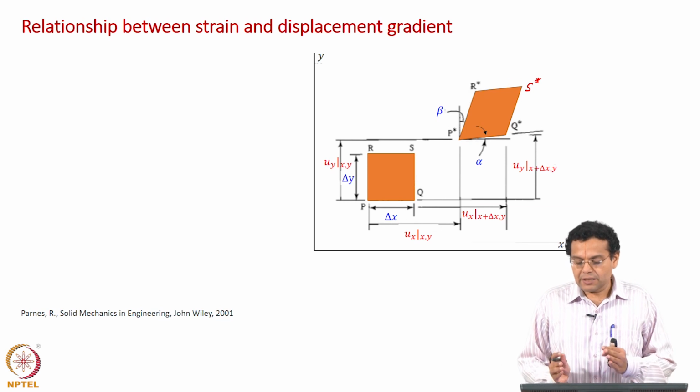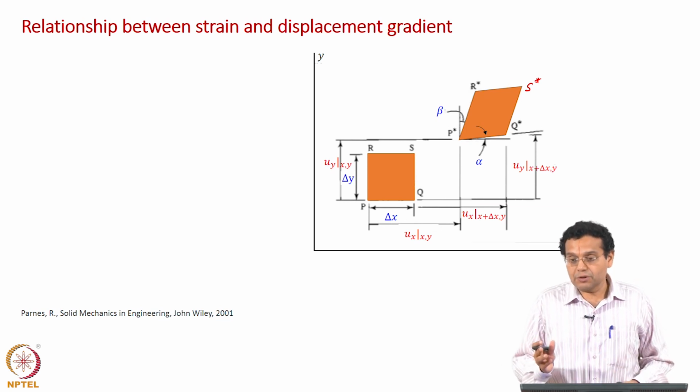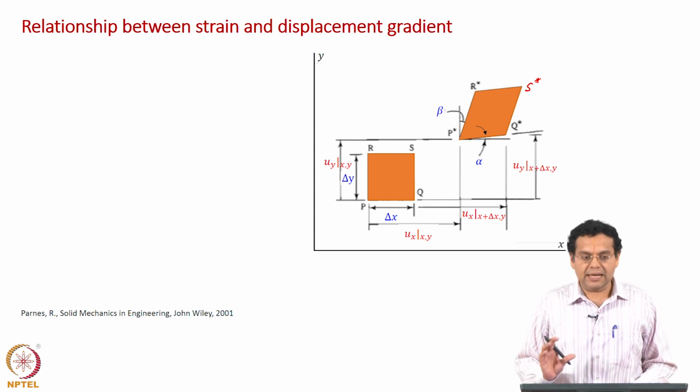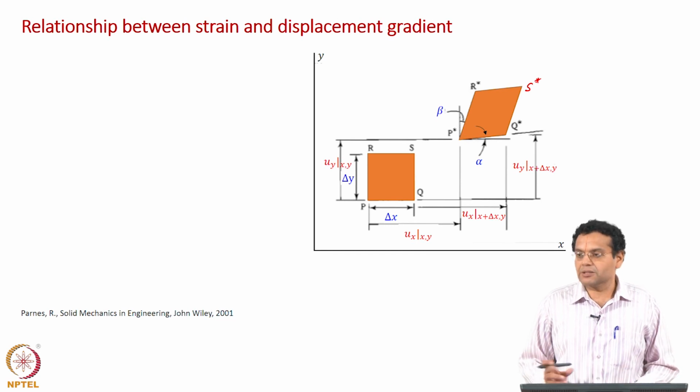Comparing the final state and initial state, you can easily understand that there is change in length. PR is not the same as P star R star, there is normal strain. Similarly, P star Q star versus PQ. Look at the angle, there is change in angle. Look at the rotation, there is rotation. What about translation? Yes, there is translation.